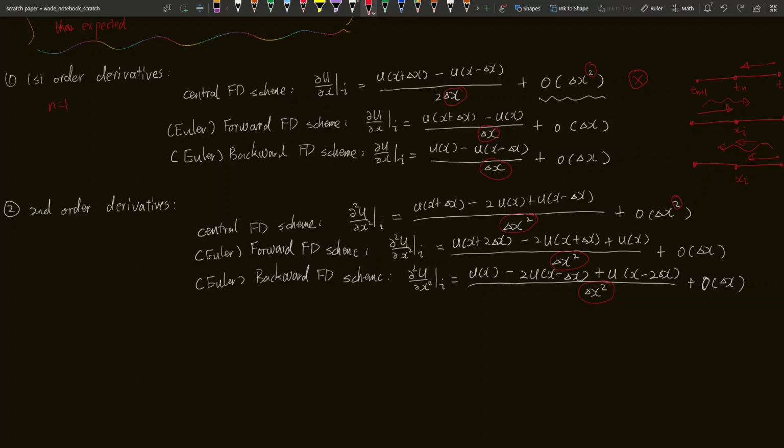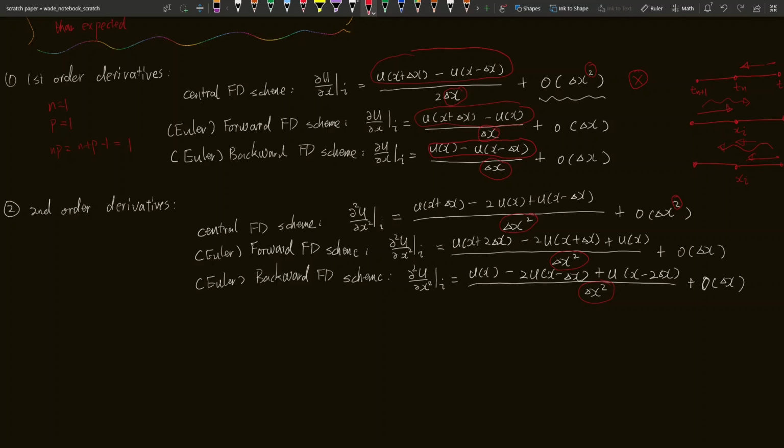Assume that our designed order of accuracy is 1. So the number of neighboring points we need, n plus p minus 1, equals 1. So basically in the numerator, we only need one term away from it for the forward Euler and the backward Euler schemes.